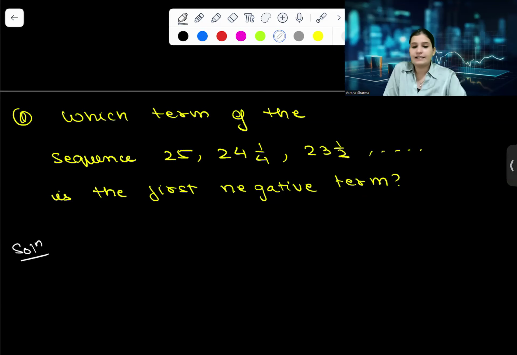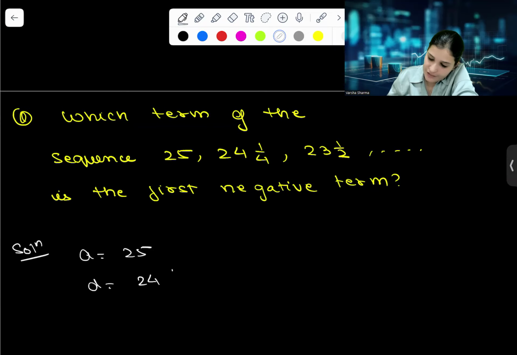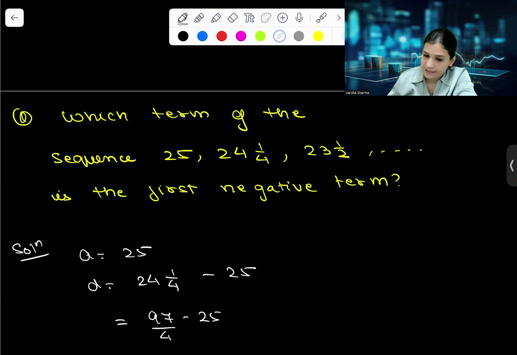Everybody find an. A is 25. D will be 24 1 by 4 minus 25, 97 by 4 minus 25.